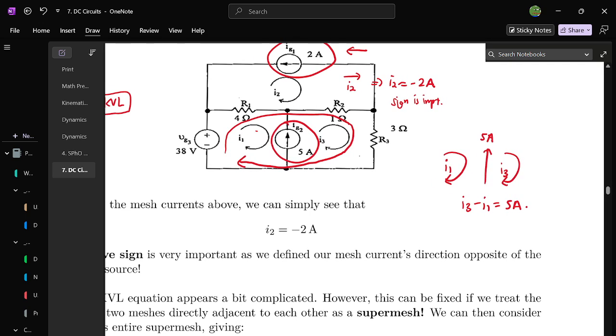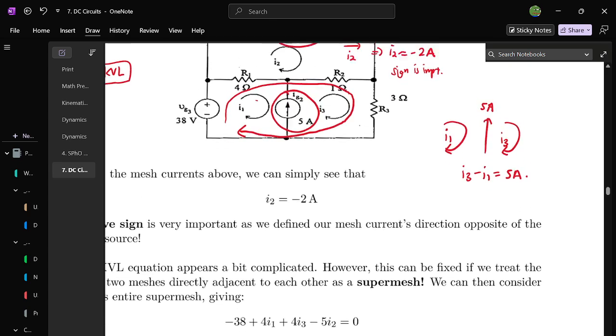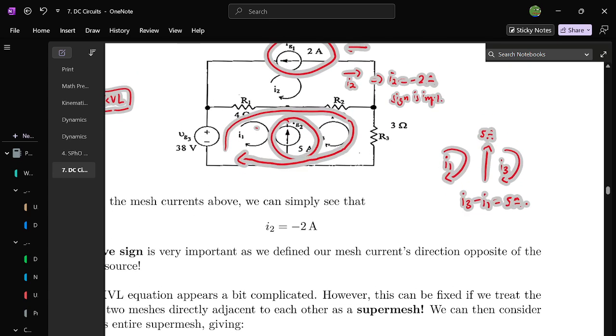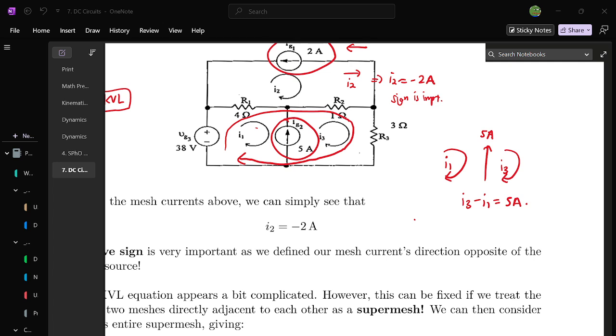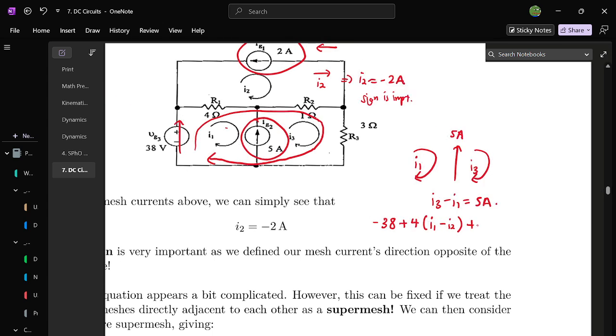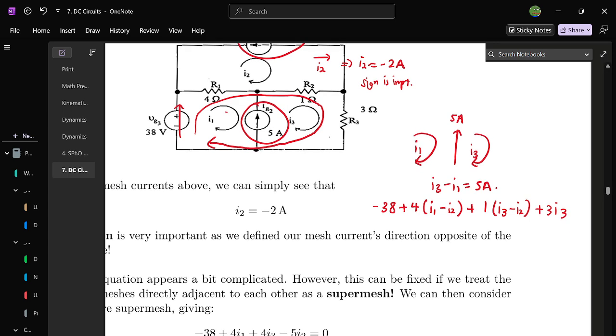And now you can set up KVL using the super mesh. I skipped some steps here, but the KVL gives, going around this loop, negative 38 plus 4(I1 minus I2) plus 1(I3 minus I2) plus 3 I3 equals 0.